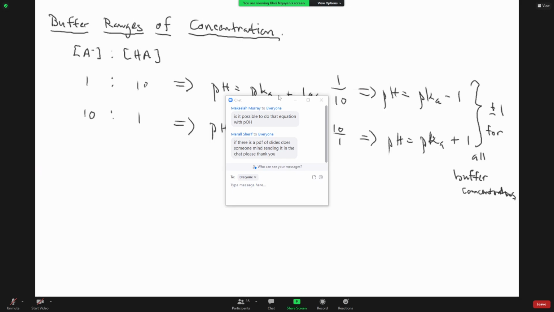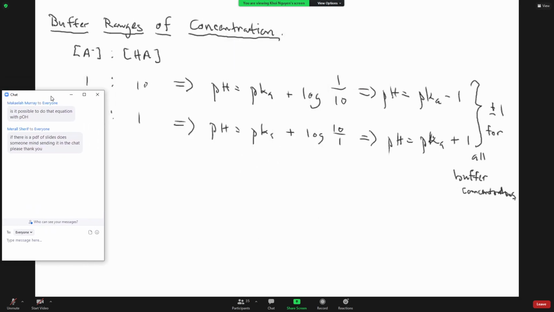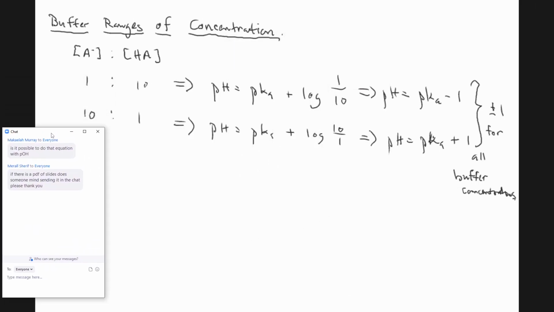And that's pretty key because that's typically what the ranges are for what we consider a buffer. And we'll look at it on a buffer titration curve and you'll see where the plus or minus 1 comes into play.